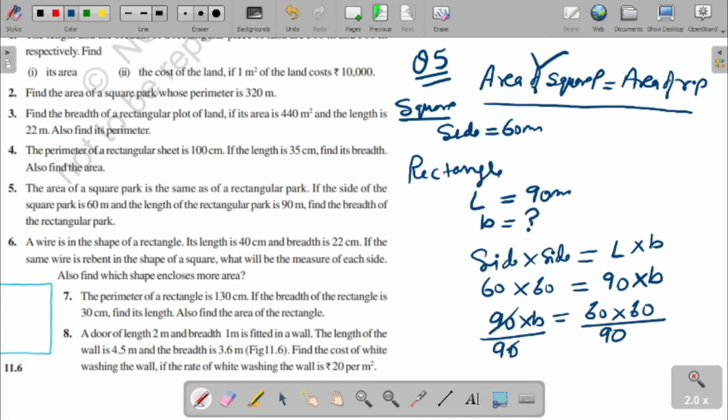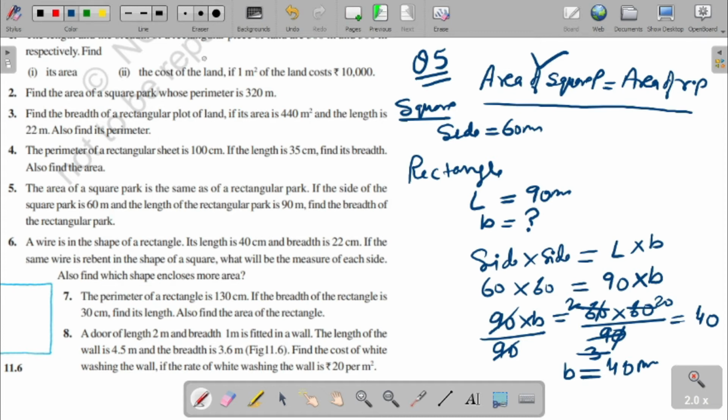The zero cancels with zero, then 3 twos, 3 threes, 3 twos. So 20 into 2, that is 40, so breadth is equal to 40. This is the case of question number 5. This will come in meter, since everything is in meter. So breadth is equal to 40 meter in question number 5.